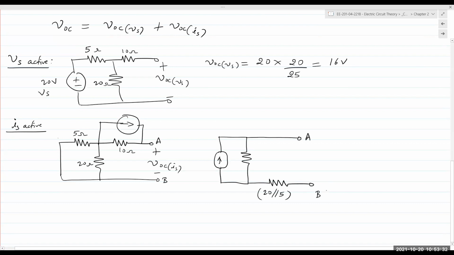This is A, this is B. The same concept as before. Voltage at B is the same as the one on the left. And so VOC due to IS is 1.5 times 10. Well, let me write it out. 15 volts.